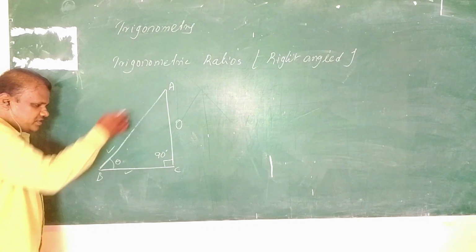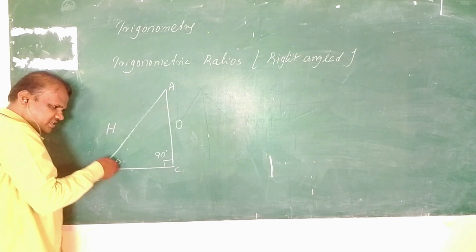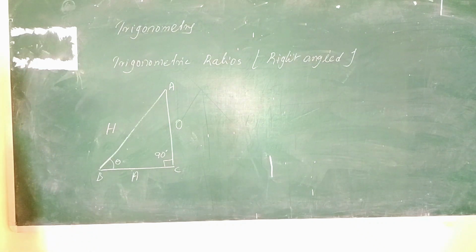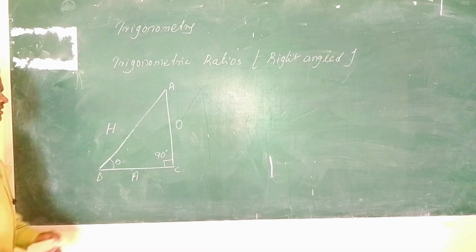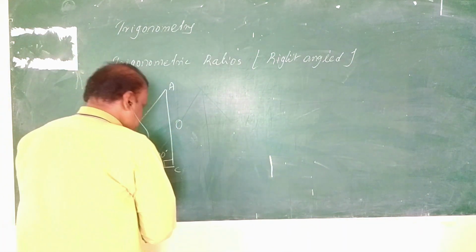But we have already labeled this one as the hypotenuse, therefore the adjacent side of theta is BC. So we have constructed a right angled triangle in which we have identified the hypotenuse, opposite side and adjacent side. Now we will define the trigonometric ratios.